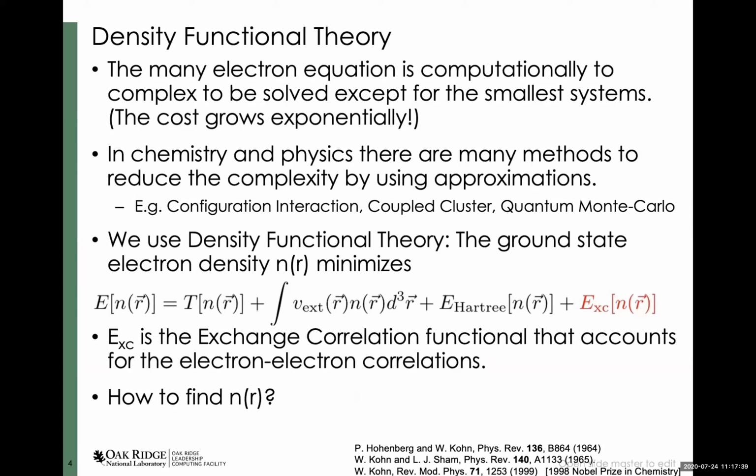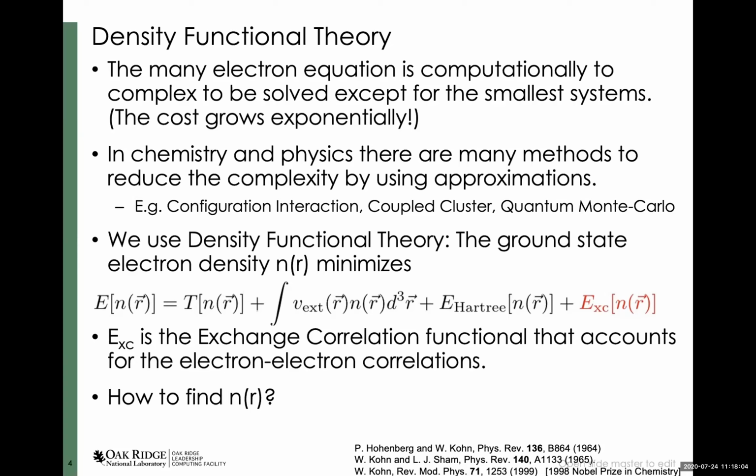As I said, solving this many-body Schrödinger equation can be very expensive. The cost grows exponentially. So in chemistry, physics, and material science, many methods have been developed to reduce the complexity by using approximations on how to solve this equation.